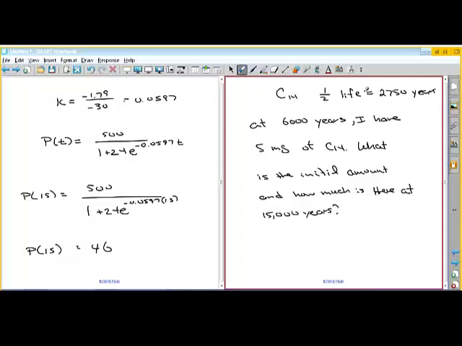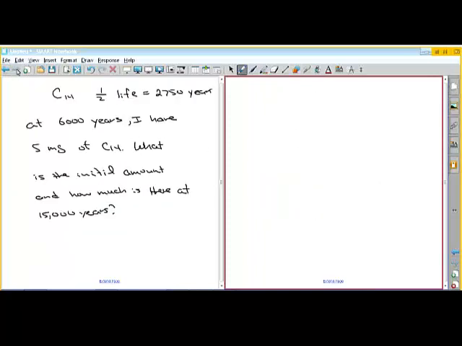So the way it works is you can use this to get your constant k, and then I can use this to find my initial amount. And once I have my k and my initial amount, then I can find it at any time. So let's use C for concentration. C of t is going to be equal to C0, the initial amount, e to the minus kt.